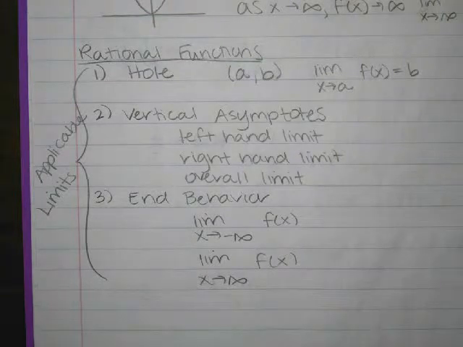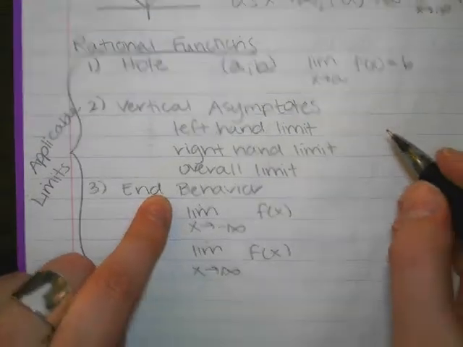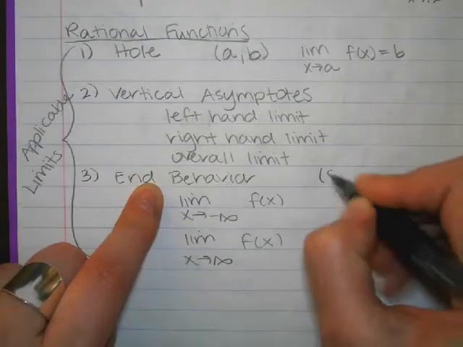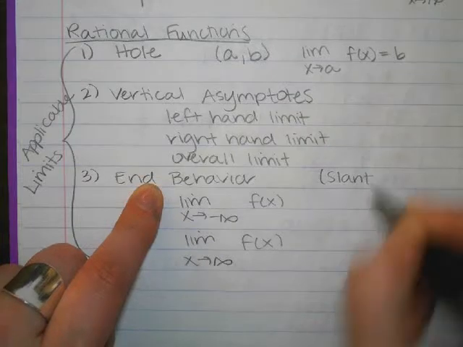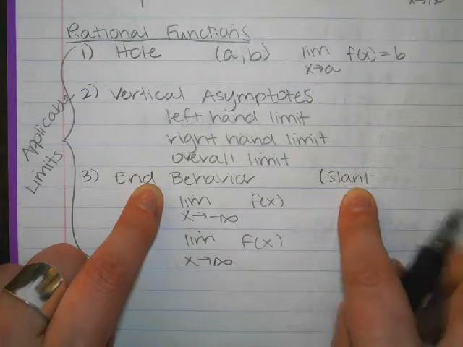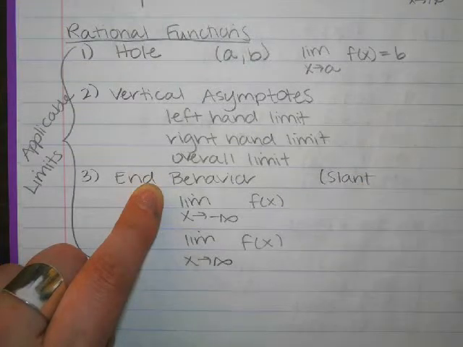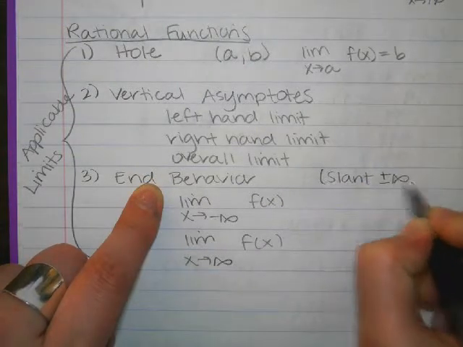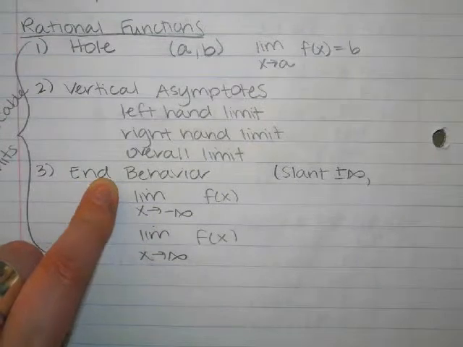Now, a little note to yourself to remember about end behavior is that the end behavior is always coming from a slant asymptote or oblique. And if the end behavior comes from a slant or oblique, that means that your result is going to be a positive or a negative infinity.